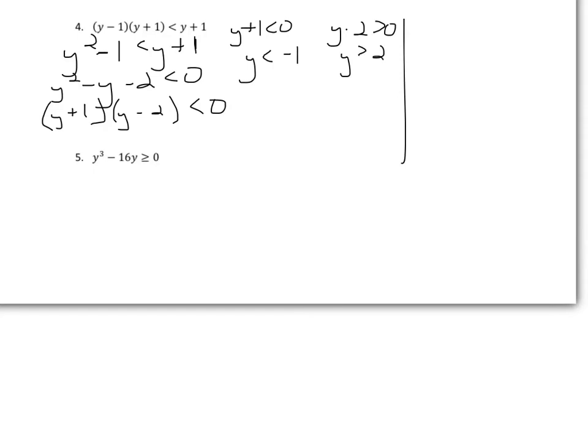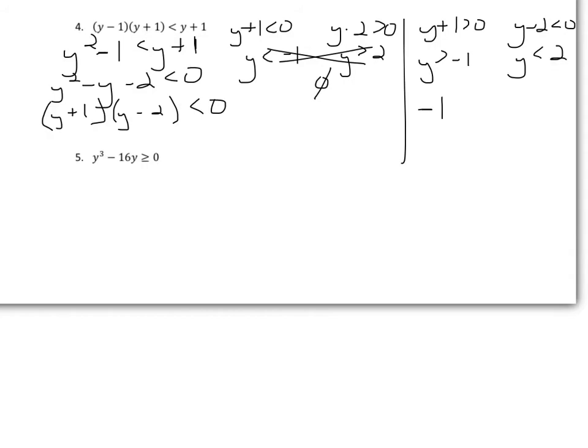It's never going to happen. You're never going to have y less than negative 1 and greater than positive 2, so that's no solution for that one. If we go the other route, y plus 1 is greater than 0, y minus 2 is less than 0. Then we'll have y is greater than negative 1 and y is less than positive 2, which does make sense. We can rewrite this as negative 1 is less than y, which is less than 2.